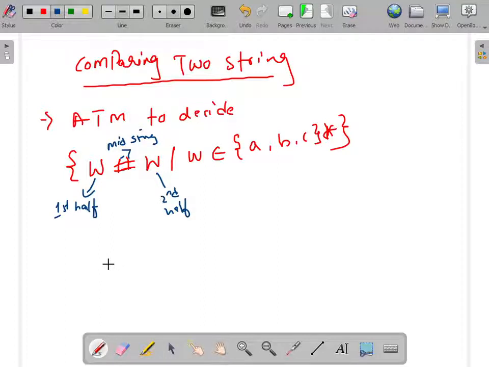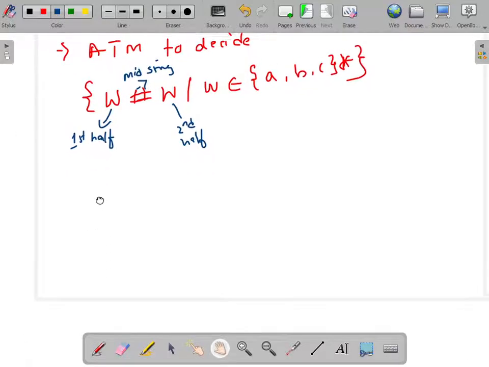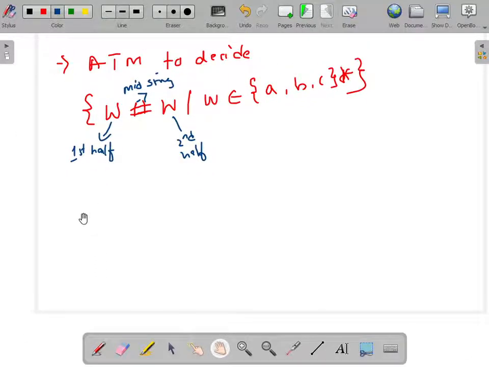So here I am using a new symbol. What is the new symbol? The new symbol is X. What is the use of this X?